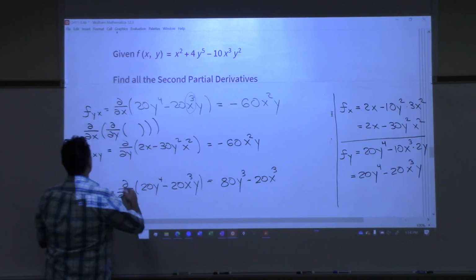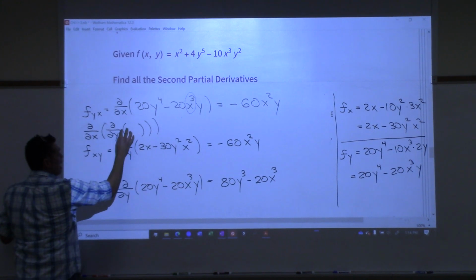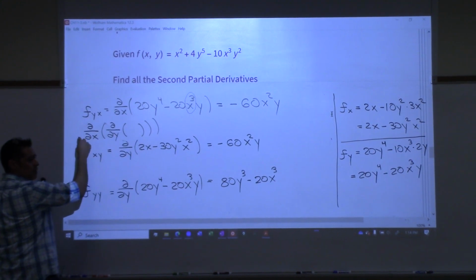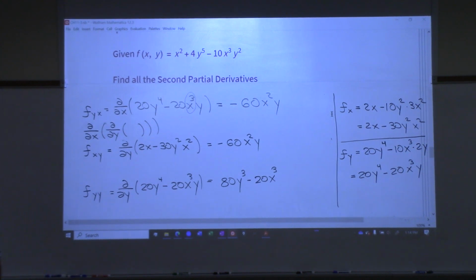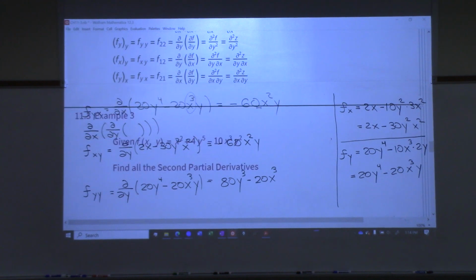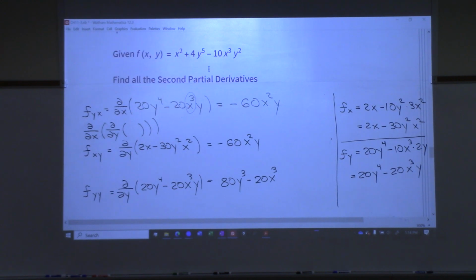I think that's what you're asking. This says with respect to y first, so you do that there first, right? Yeah. And then after you're done with that, you take the partial with respect to x. So it'd be on the outside like that. Gotcha. So in the notes, couldn't we write it as a single fraction? Yeah, it's all right here. So you'd write the second one second. Gotcha. Got it?